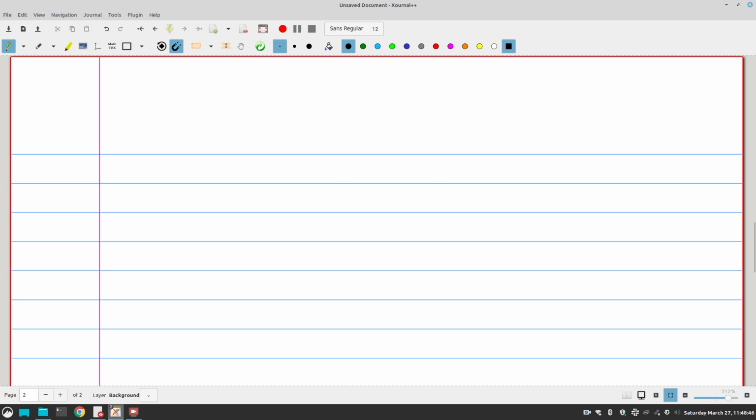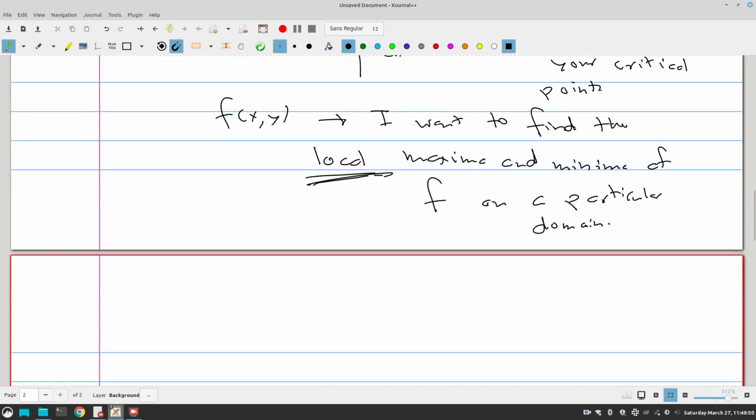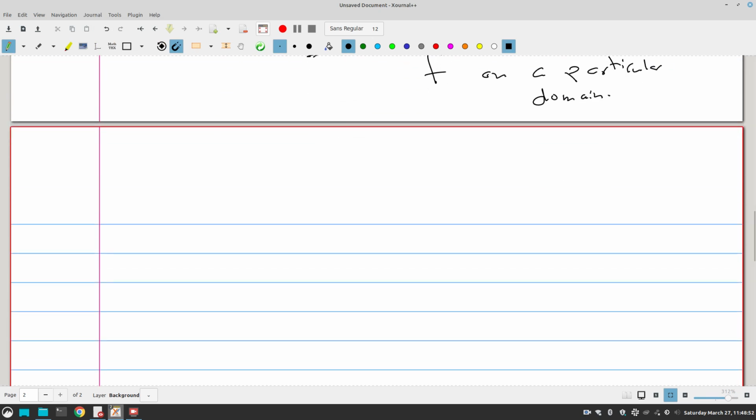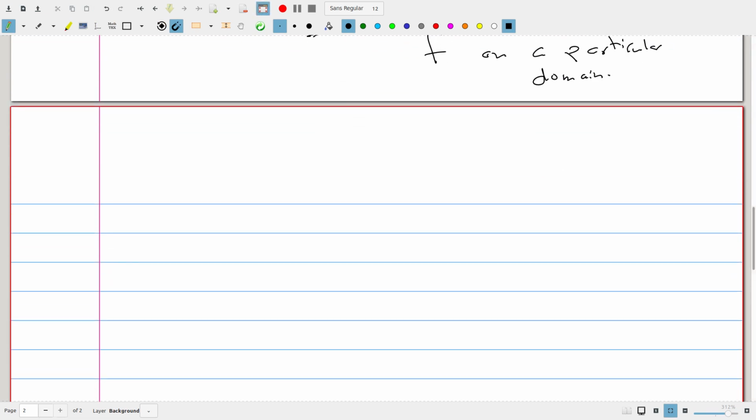If we want to find the local maxima and minima, what we need to do is set the partial derivative of f with respect to x equal to 0, and the partial derivative of f with respect to y equal to 0.